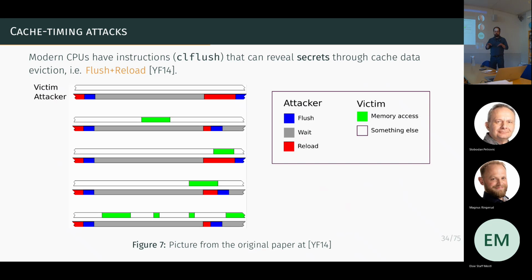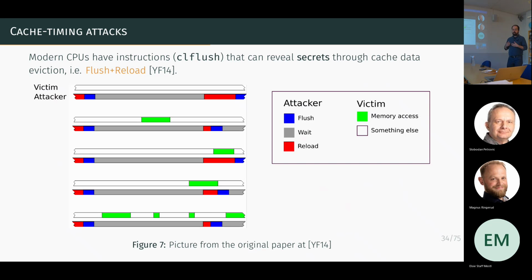Imagine that two different programs are linked against OpenSSL, the same library. So they share part of the address space because they're using the same library. There is a victim process doing computations, and then there is an attacker process sharing a cache and the address space. Then this attacker process can find out what the victim process is doing if the code is not written carefully.